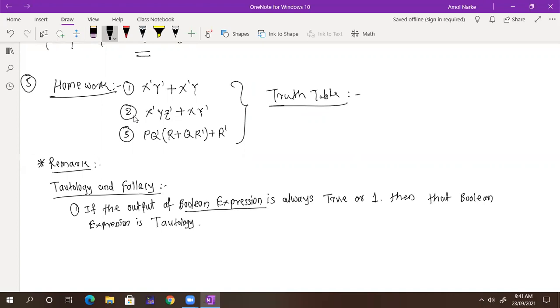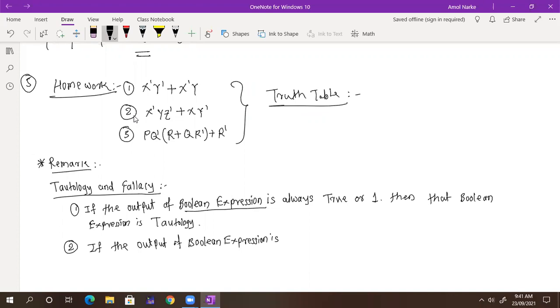And second, if the output, write down with me everyone, of the Boolean expression is what?